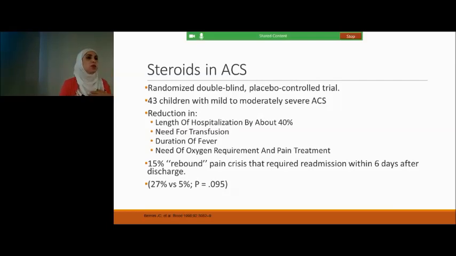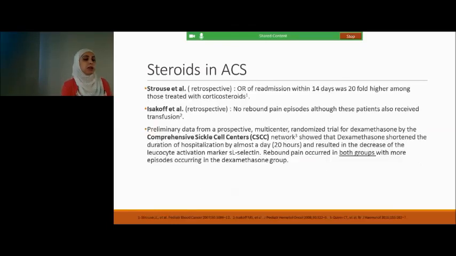So I think that was one of the studies that made everybody look at it. Another retrospective analysis was performed, as cited here on the slide, and they found that the odds of readmission within 14 days of treatment with systemic steroids led to a 20-fold higher rate among patients who were treated versus those who were not.